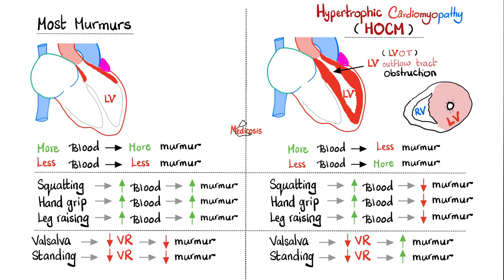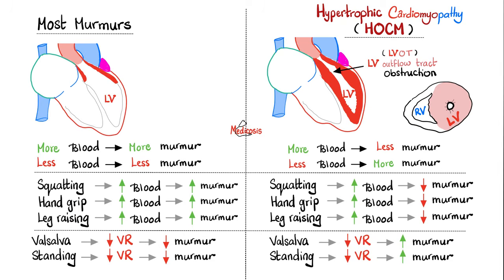Let's practice. Suppose that I am squatting. What does that do? It squeezes the veins in my legs, which raises the preload. Increased preload means an increased amount of blood that goes towards the heart. More blood equals more murmur. So the intensity of all of the murmurs will go up except mitral valve prolapse and HOCM. How about a hand grip?